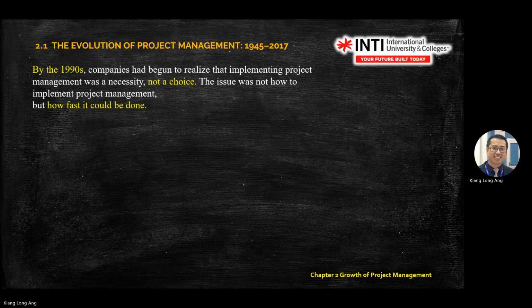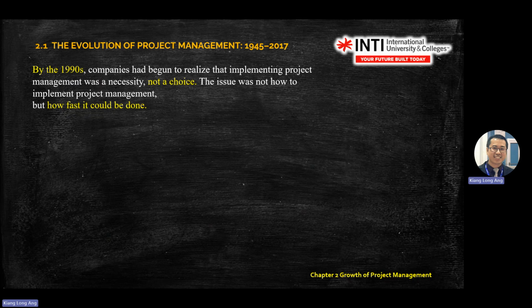Okay, so after the 1990s, all of you were born around 2000. You were born in which year? 99. So the 1990s are about your time. At that time, project management was no longer a choice but a necessity. You need to use project management.